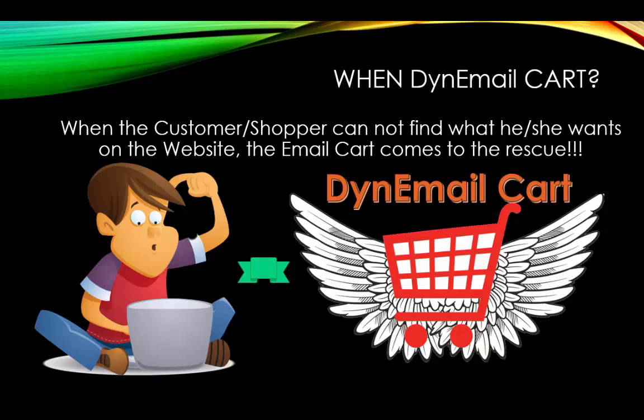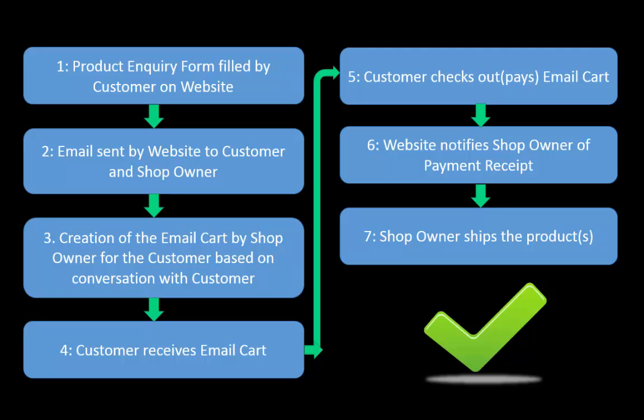So before we have the demo, we would like to share the workflow involved. Typically, some kind of a form or some kind of request is initiated by the customer. In our case, it is a product inquiry form.